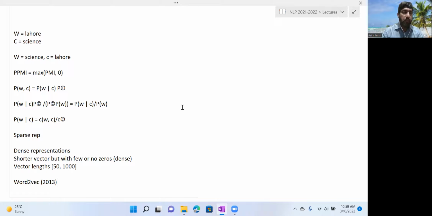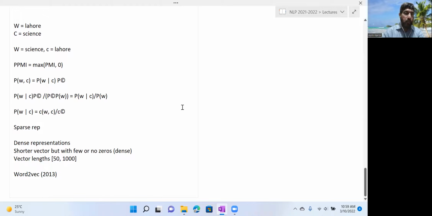Word2Vec, as the name suggests, maps a word to a vector, and of course that vector is a representation of that word. And these people used a machine learning approach to learn the vectors.